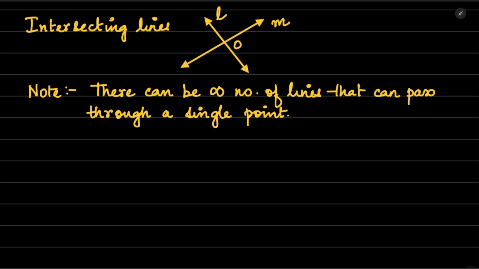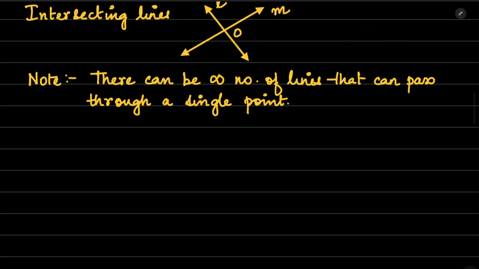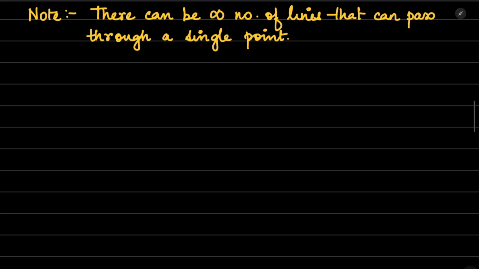But if you only have two points, namely P and Q, how many lines can pass? Only a single line can pass through two given points. That's something you have to remember.